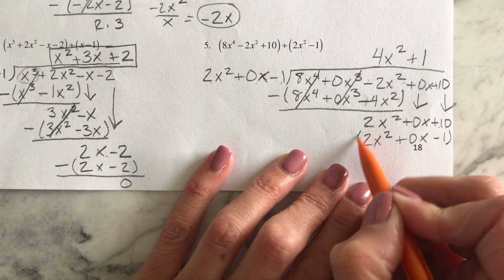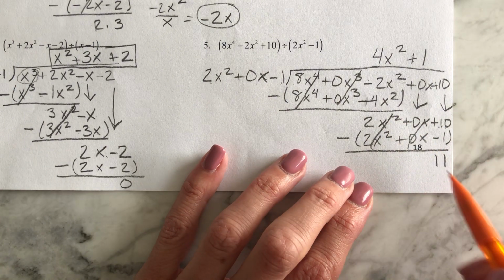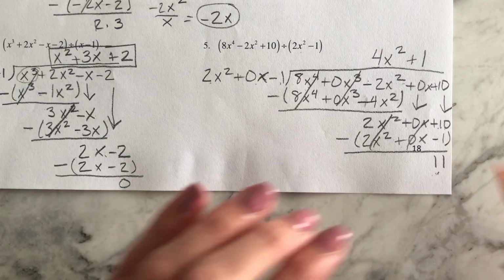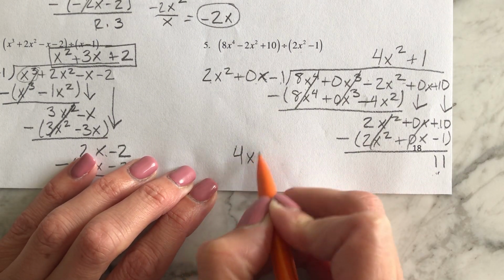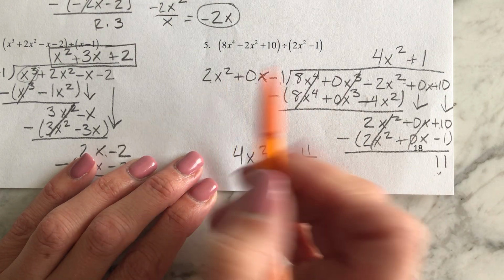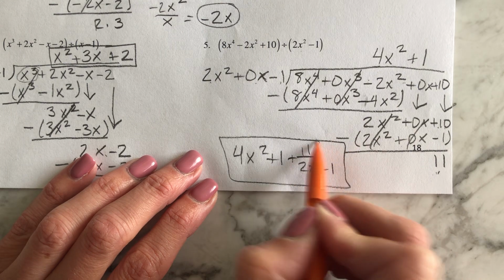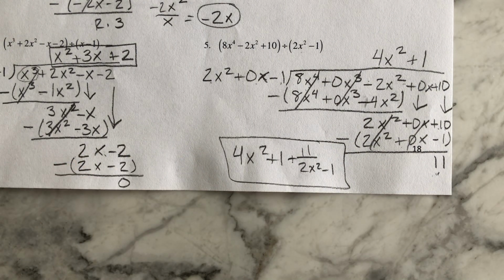And then I subtract, and that would be nothing, nothing. So my remainder is 11 here. So final answer, 4x squared plus 1 plus 11 over my divisor, 2x squared minus 1. And that is the final answer.